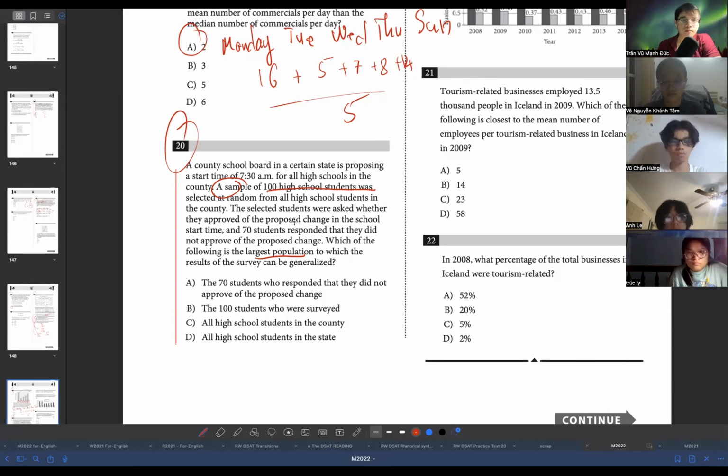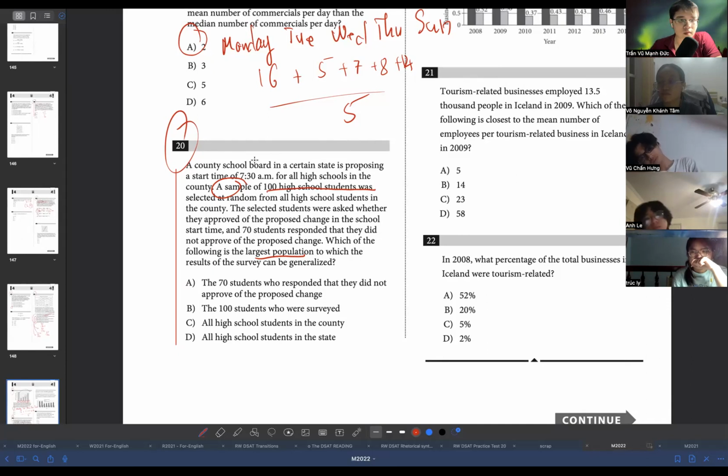Because they selected 100 high school students, not the county. So how about if I say this county has 1,000 high school students, can this then be generalized into this population? Is this representative of, for example, 1,000 high school students in this county?